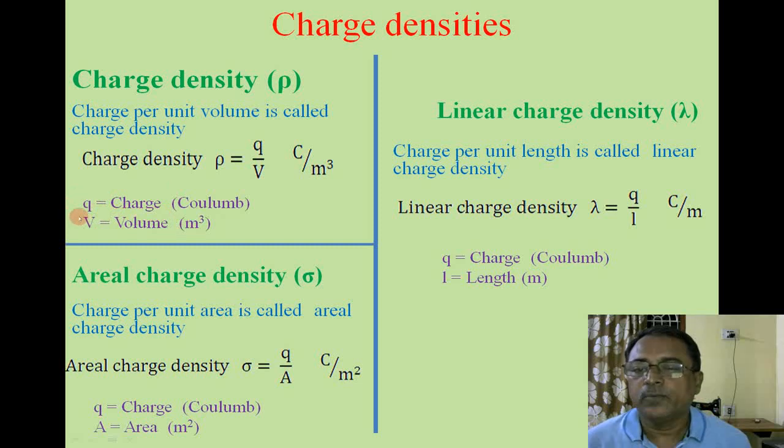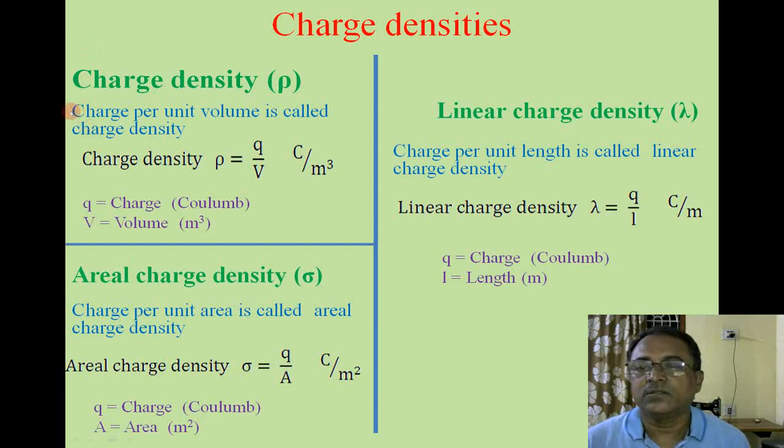So the volume of the body is V and the charge given to this body is Q. When this charge Q is given to this body, it is distributed throughout the body. Then what is the charge per unit volume? This charge per unit volume is called charge density.